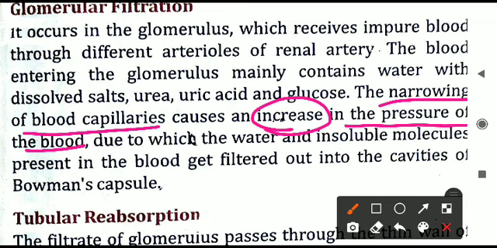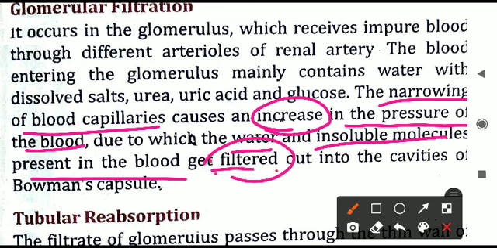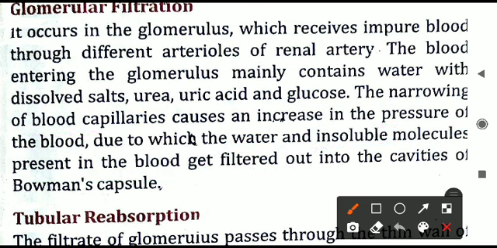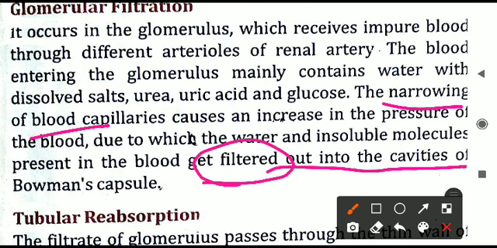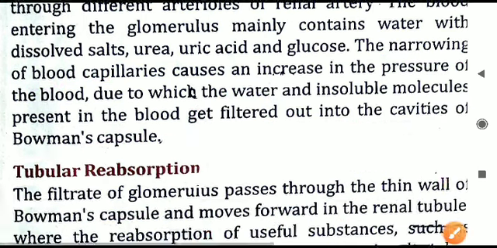As a result of this increase in the blood pressure, the extra water, not all, and the insoluble molecules in the blood will be filtered outside. Why is the filtration happening? Due to the increase in the pressure of the blood, and this pressure changes because of the narrowing of the blood capillaries. All this results in the blood getting filtered out into the cavities of the Bowman's capsule.